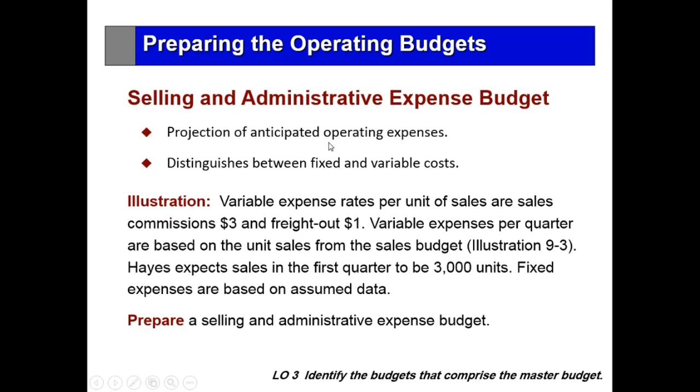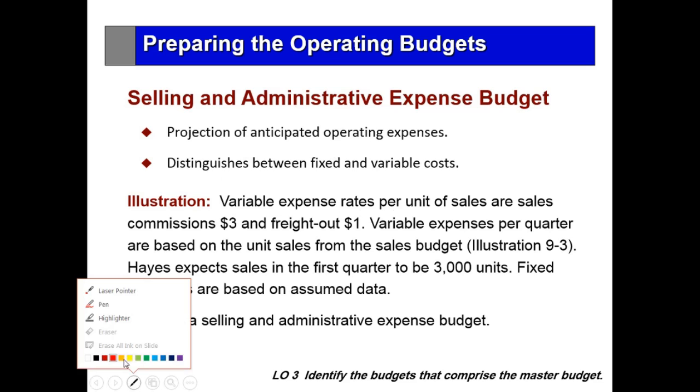Projection of anticipated operating expenses. We anticipate here the selling and administrative expenses for the coming year. And as we said about the manufacturing overhead budget, here also we distinguish between fixed and variable expenses. To continue our illustration, we have the company's variable expense rate per unit of sale.